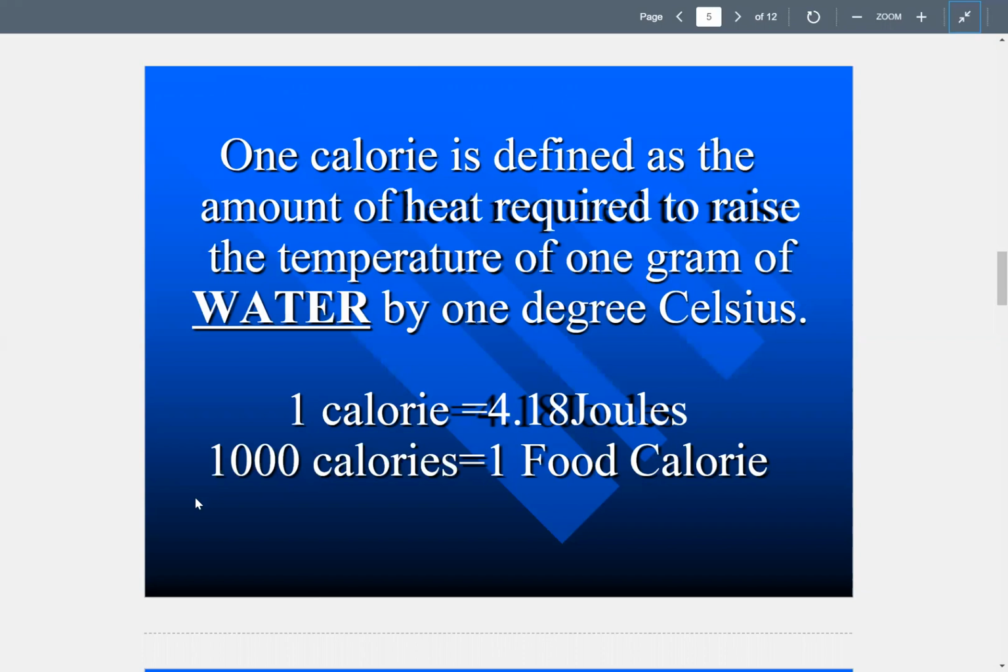Your body, if you're a typical 100-pound to 150-pound teenager, maybe you are 200 pounds, that is going to be anywhere between 50 and 100 kilograms. And so you're going to need about 1,200 to 1,800 food calories just to maintain your body temperature throughout the day.